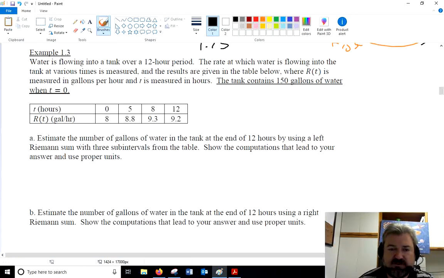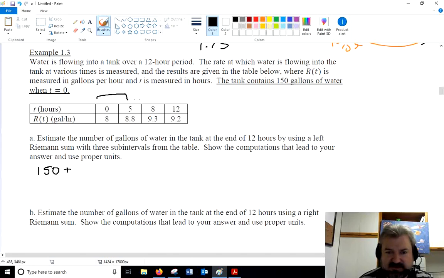All right, so I know that at T equals 0, we started with 150 gallons. So I'm going to start with 150 gallons, and I'm just going to simply add how much was flowing into it times the time. If I multiply gallons per hour times hours, I'll have just gallons. So we're using a left Riemann sum of 3 subintervals.